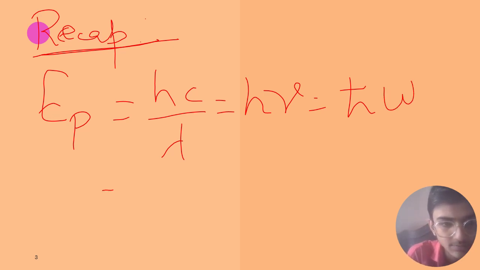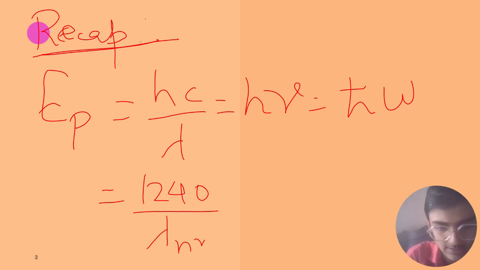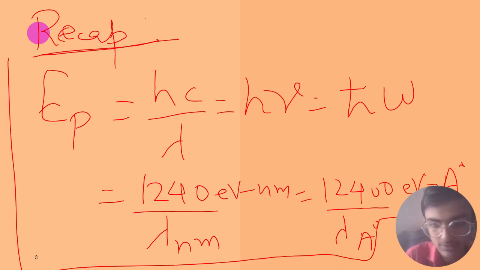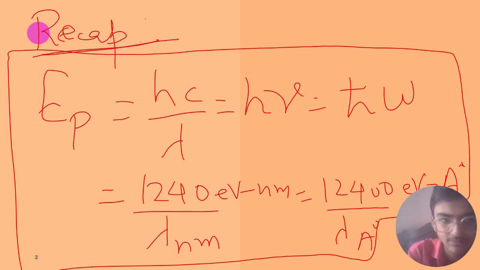And in terms of lambda in nanometers and angstrom, we can write it like this. Please revise this formula because this will help you mainly in numericals. For concepts, we will use a different method. So let's start.